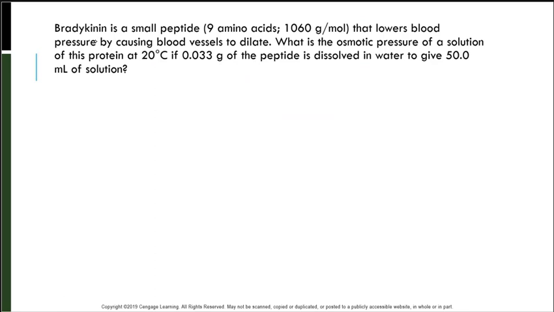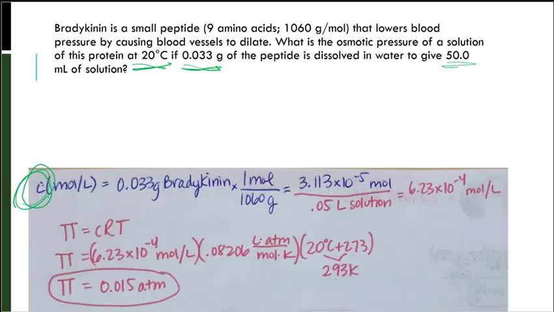We have bradykinin, which is a small peptide that lowers blood pressure by causing blood vessels to dilate. What is the osmotic pressure of a solution of this protein at 20 degrees Celsius if 0.033 grams of the peptide is dissolved in water to give 50 milliliters of solution? We need to find concentration, which is moles per liter. I started with my grams.